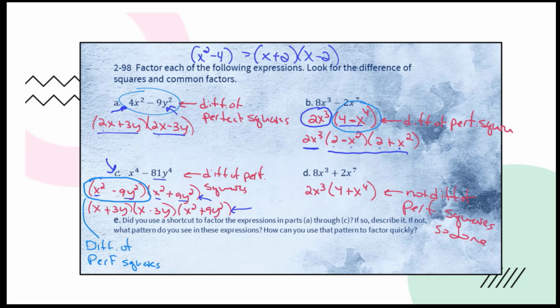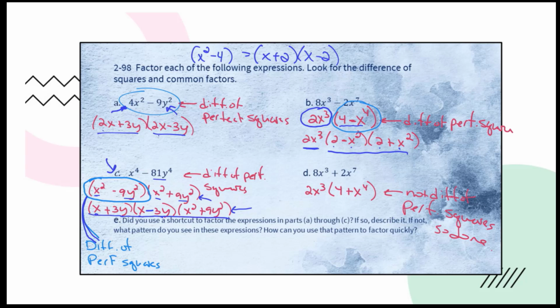But neither one of those is going to change. But as you can see here, I have this little note, difference of perfect squares on the x squared minus 9y squared. So I've got the square root of x squared is x and x. And the square root of 9y squared is 3y and 3y. So that's supposed to be a minus in there. So we've got a plus and a minus, and that ends that. This is perfectly factored out, okay?